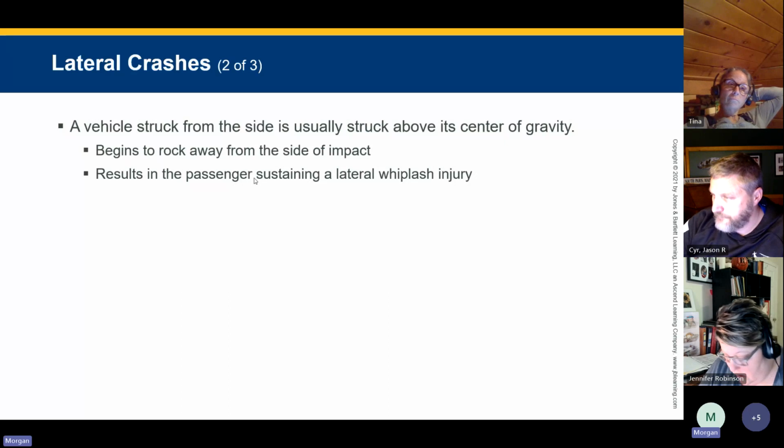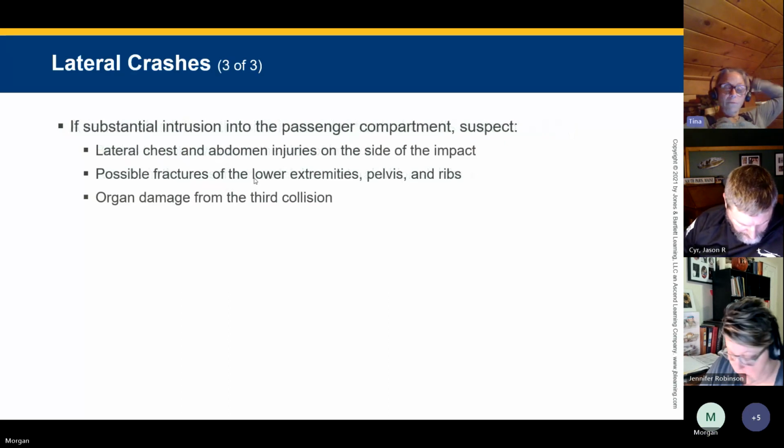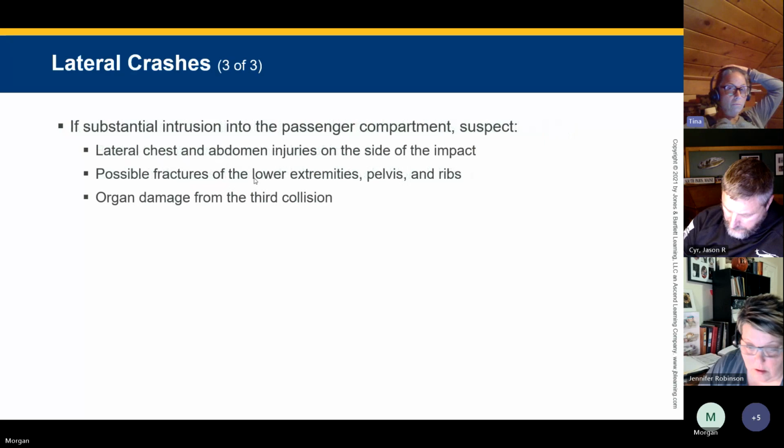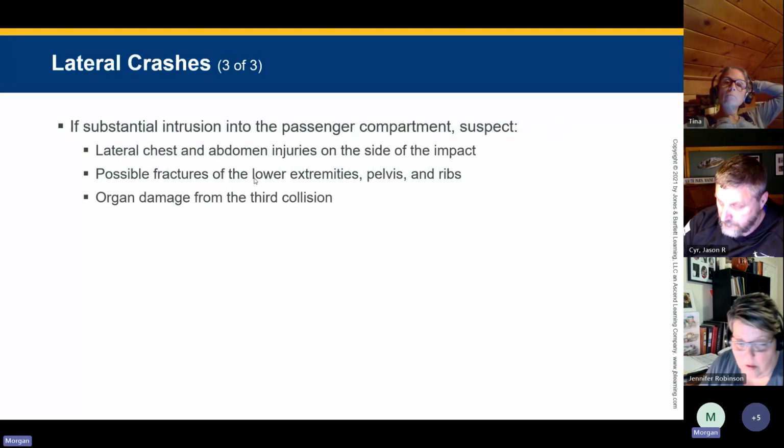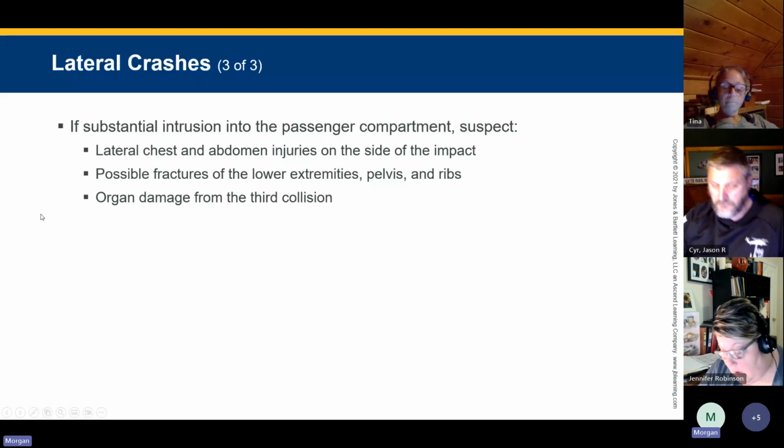The neck, and we've already talked about the lateral whiplash, so that's a given. So fractures, lower extremities, pelvis, ribs, organ damage from the third collisions, and then the chest and abdomen, just because of the place of impact.